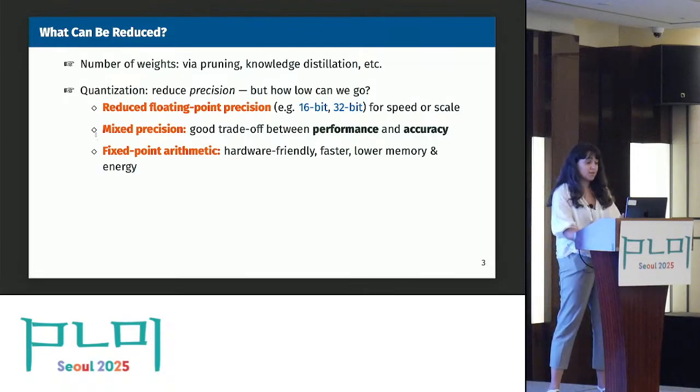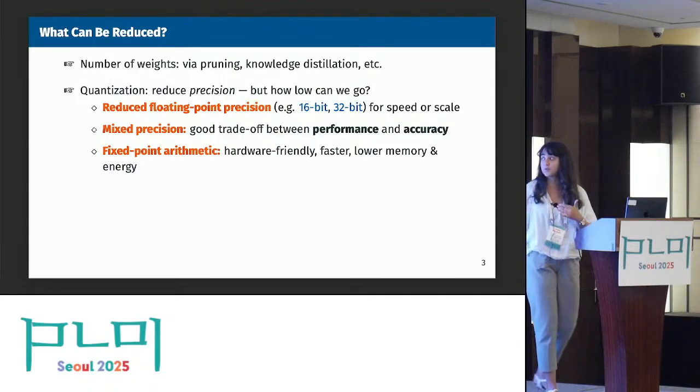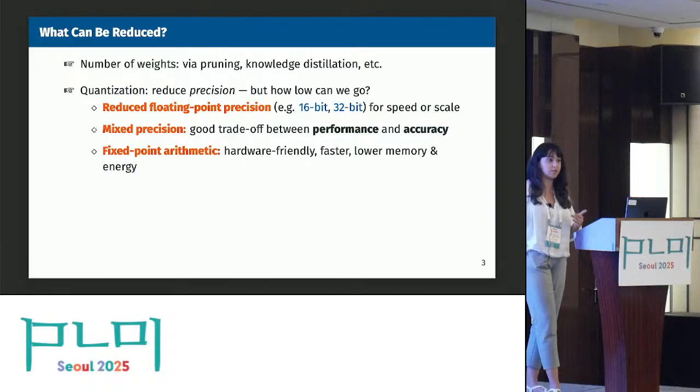The second one is mixed precision, which means that some neurons will be in 16 bits, the others in 32 bits. So we merge several types of precision in order to give a good trade-off between performance and accuracy.